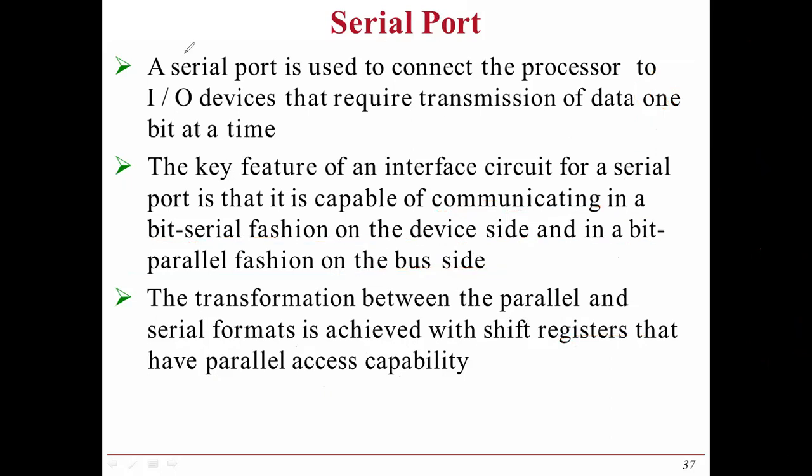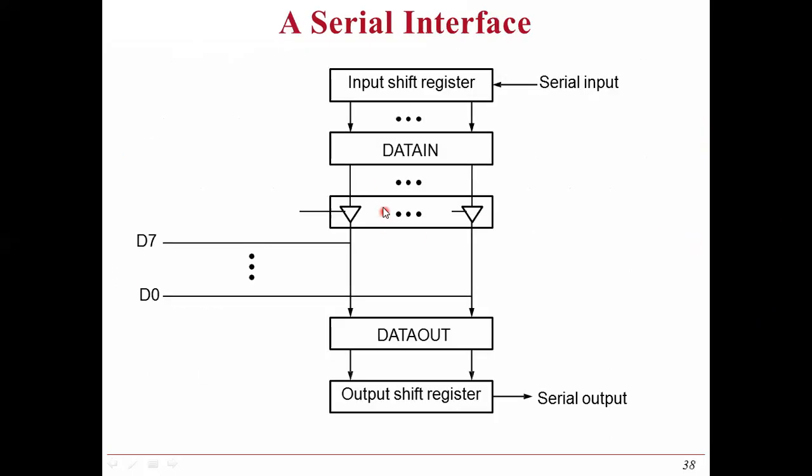So by using the serial port also, we are transmitting the data bit by bit. Let us see this serial port interface circuit. Here the serial input is given to the input shift register. Serial input means bit by bit is given to this input shift register.